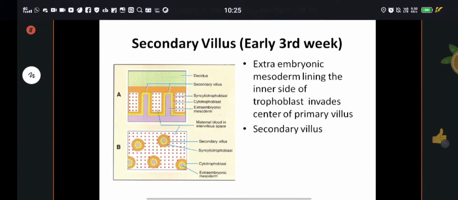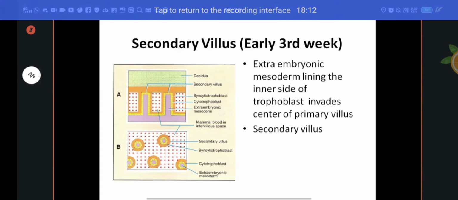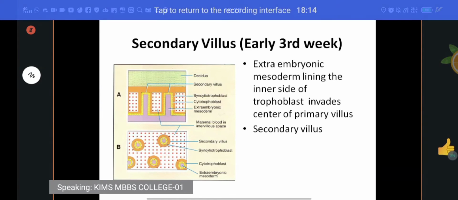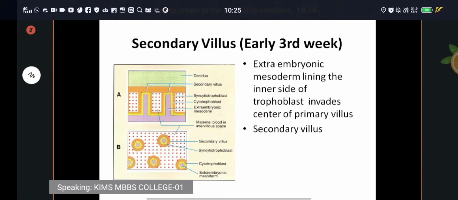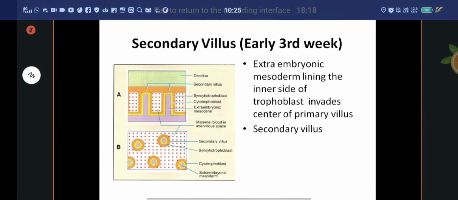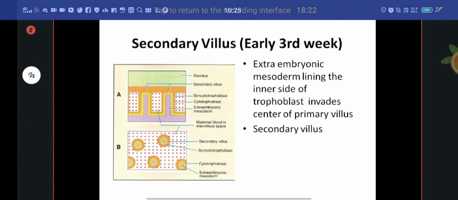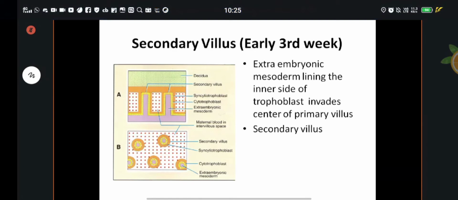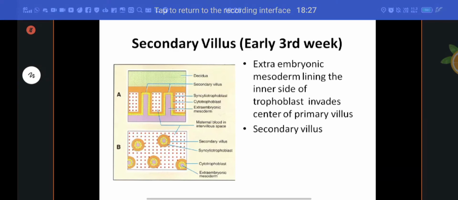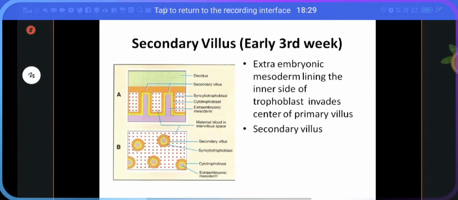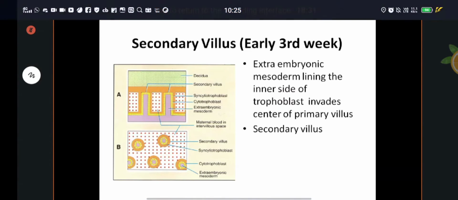The outer trophoblast cells are divided into 2 layers. The inner one is called cytotrophoblast, whereas the outer one is called syncytiotrophoblast cells. In the syncytiotrophoblast, we see small lacunar spaces.